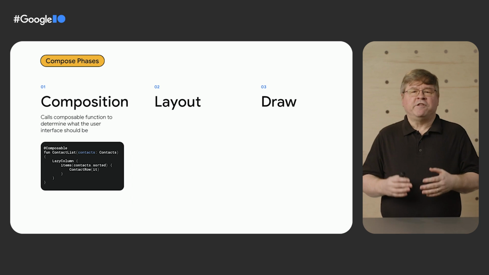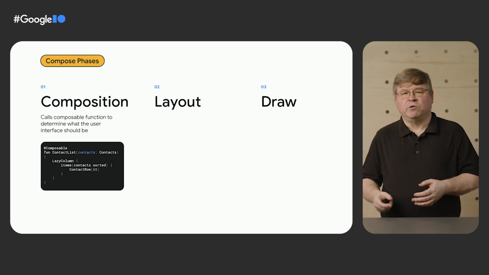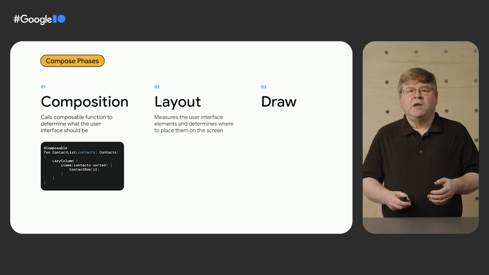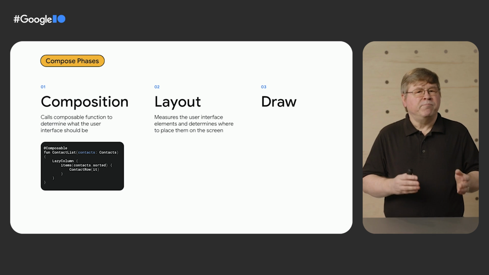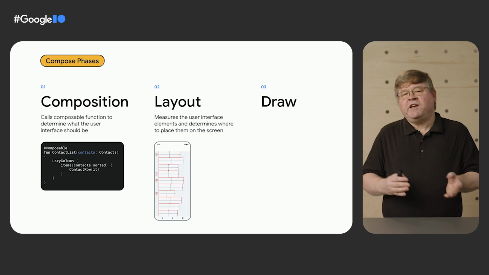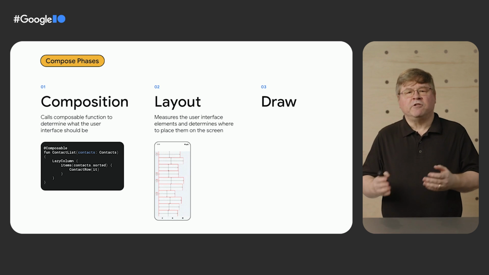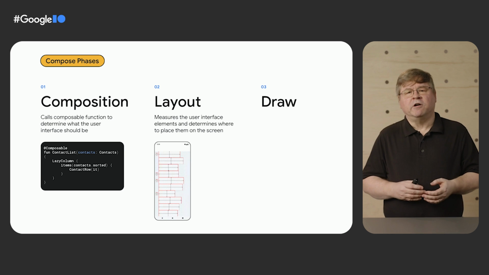This phase creates or updates the content of your application and defines what the next 2 phases will do. In the second phase, layout, the content defined by composition is measured and placed where it'll appear on the screen. This phase takes into account all the modifiers and calls to other composable functions such as Text, Row, and Column, and in a single pass, measures and places all the content.